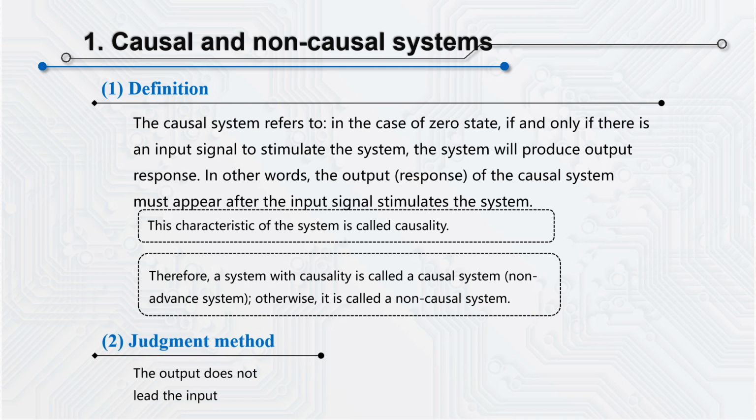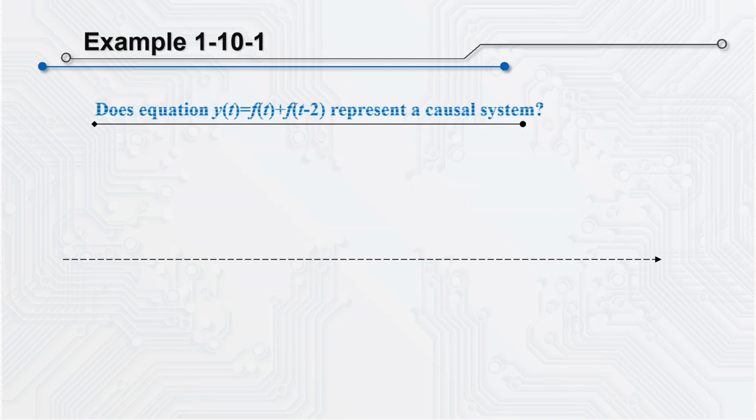Well, what is the judgment method of a causal system? It's very simple. If the output of the system does not lead ahead of the input, such a system is a causal system. Let's take a look at an example. Does the equation y(t) = f(t) + f(t-2) represent a causal system?